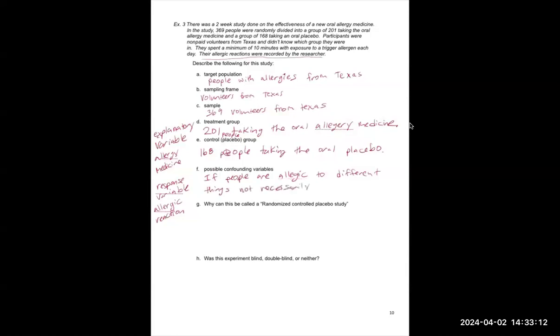And it could be, I think too, their diet, because maybe there's something else in the environment that they're allergic to other than the thing that you think is causing the allergic reaction. There might be other things in the environment.